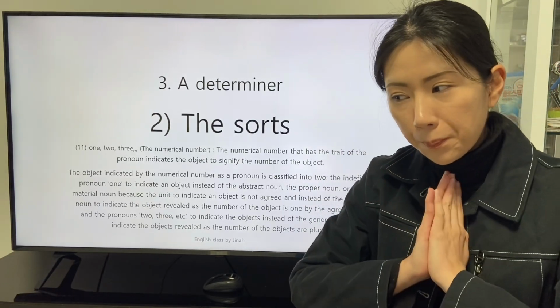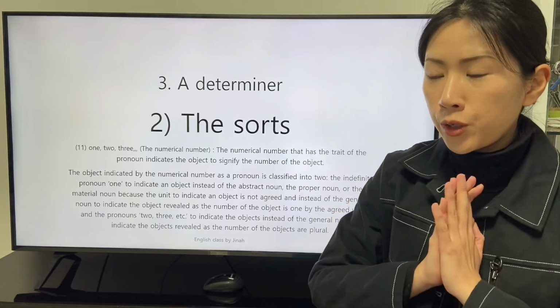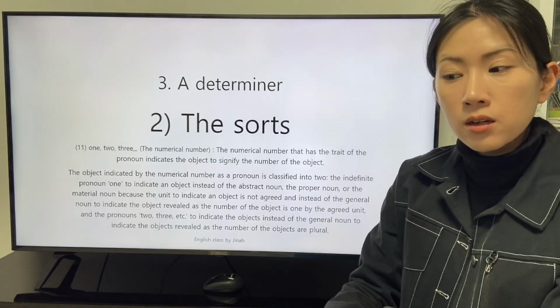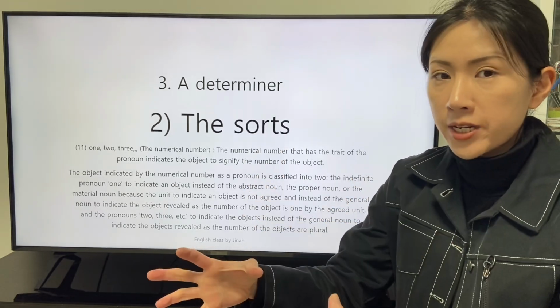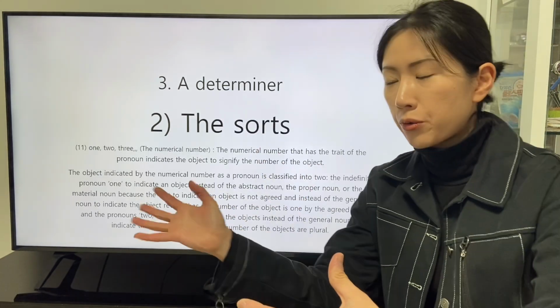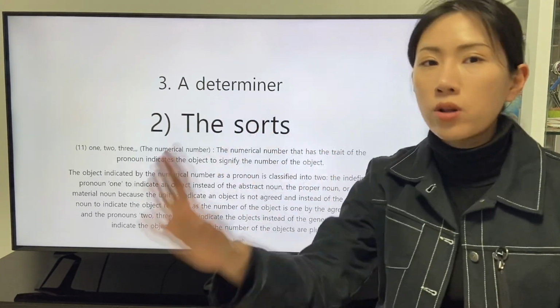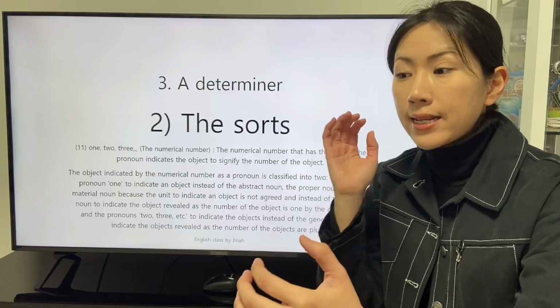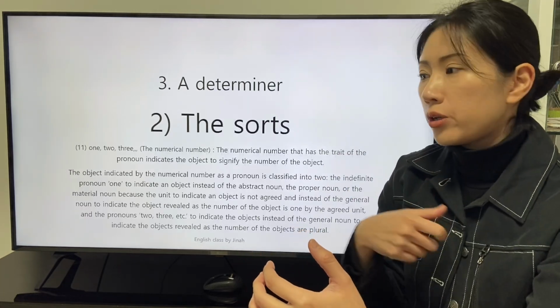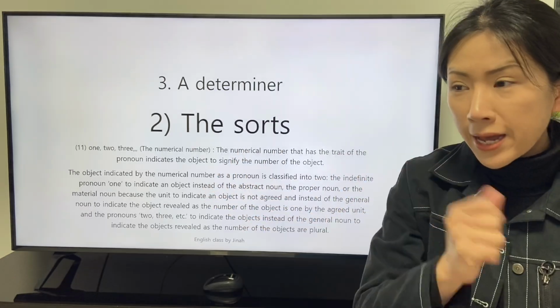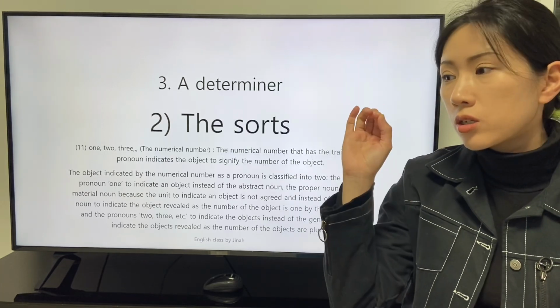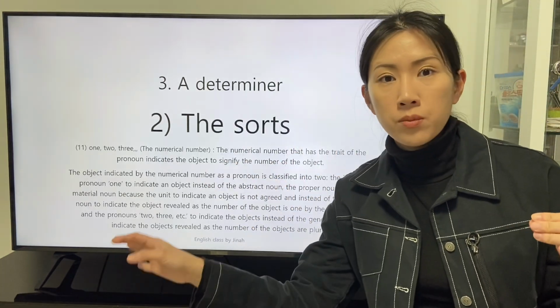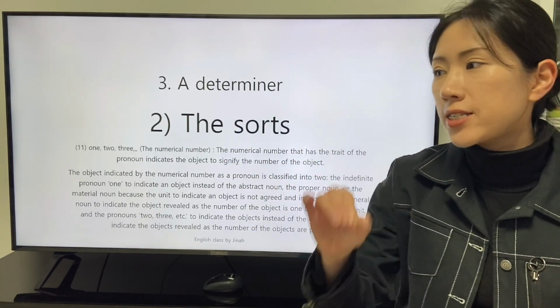The people in the linguistic group indicate an object whose unit is not agreed as one. The object can be seen as one or two or three by each speaker in the linguistic group because the unit is not agreed.